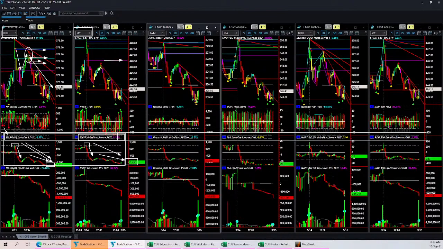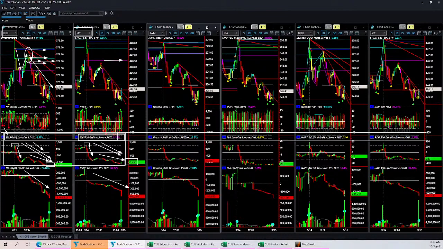So in this case, using the internal weakness and looking at the individual fine-tuned charts, you would decide probably to short NQ or QQQ, not SPY or ES. And that decision would also be supported by the up-down volume. Up-down volume continued to go down throughout the day.